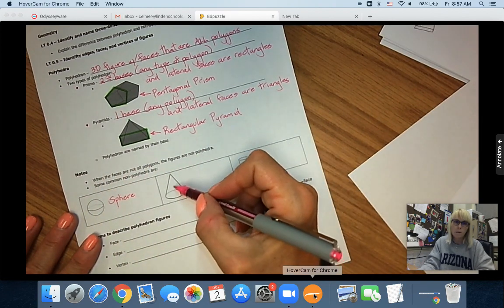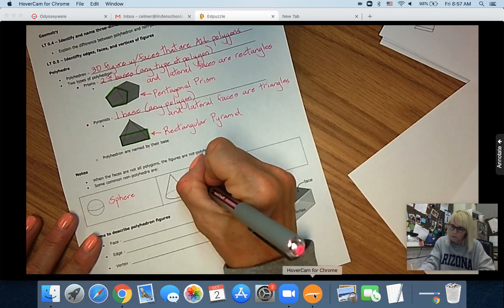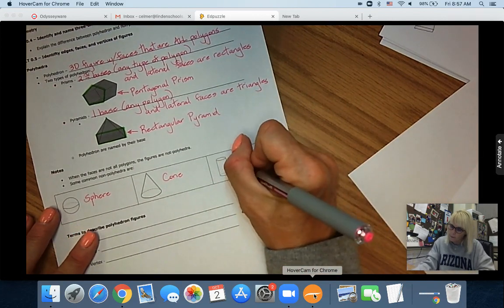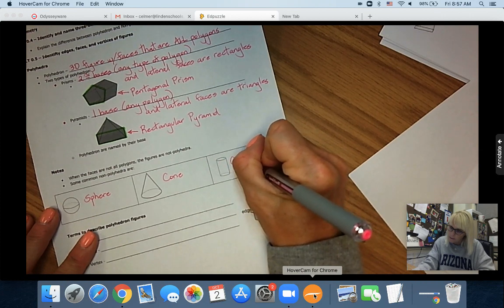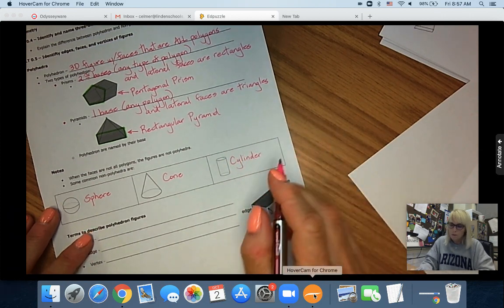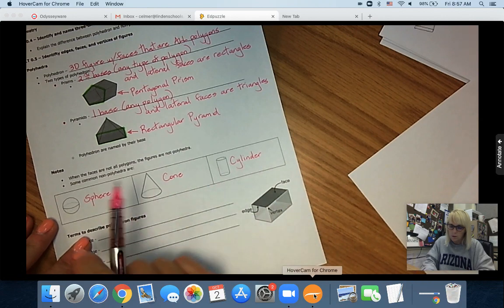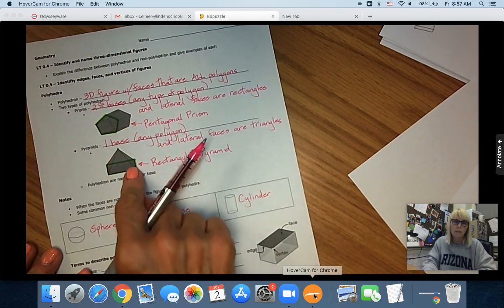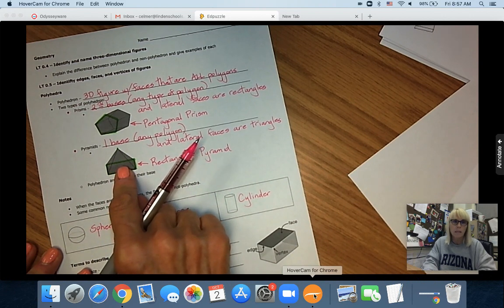This one, I bet you know what it's called. It's called a cone. And this one looks like a can, right? And this one is a cylinder. So these are non-polyhedra because they have non-polygon faces. These are polyhedra because all of the faces are polygons.